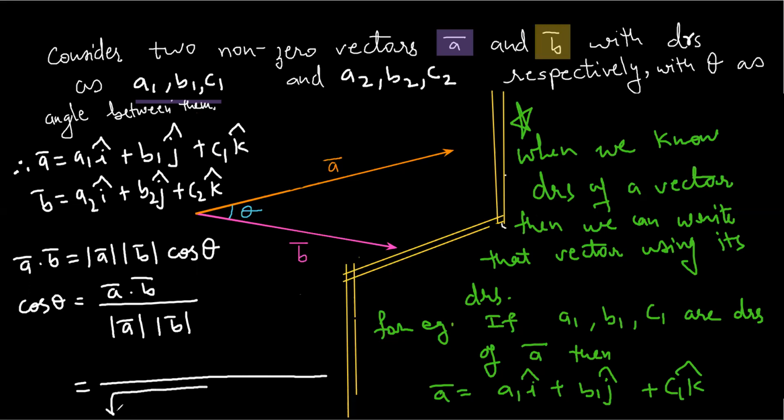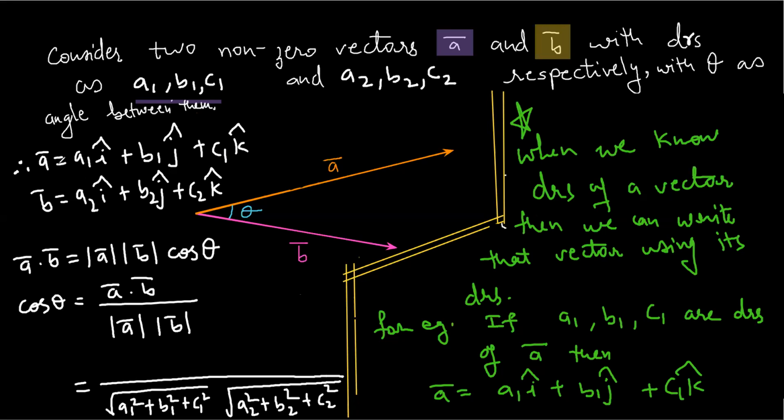Now mod A bar will be the square root of A1 square plus B1 square plus C1 square, because A bar is this. And mod B bar will be the square root of A2 square plus B2 square plus C2 square. And the numerator, A bar dot B bar, what will that be?